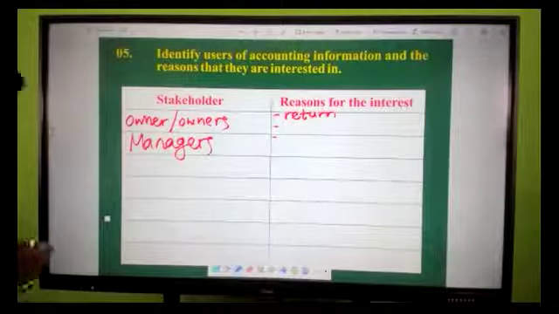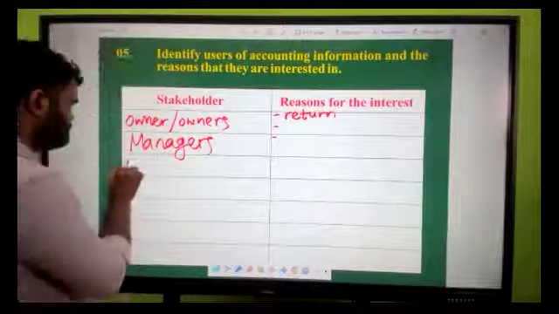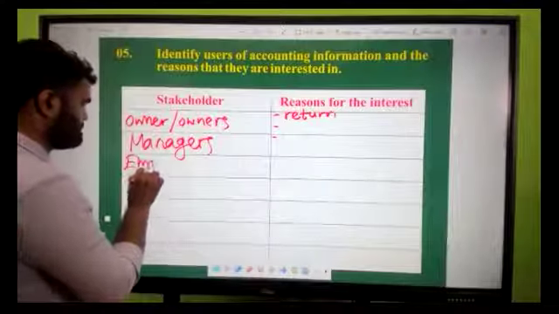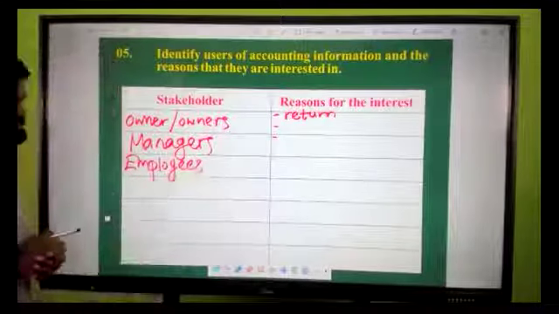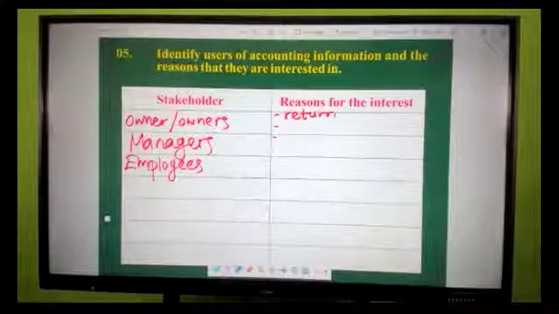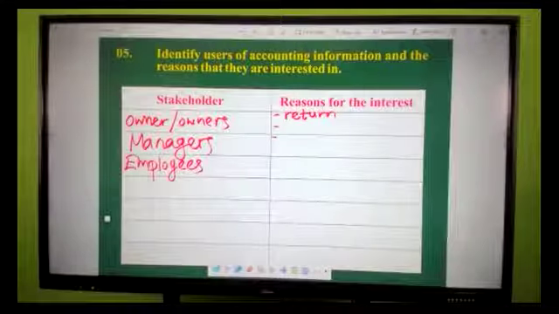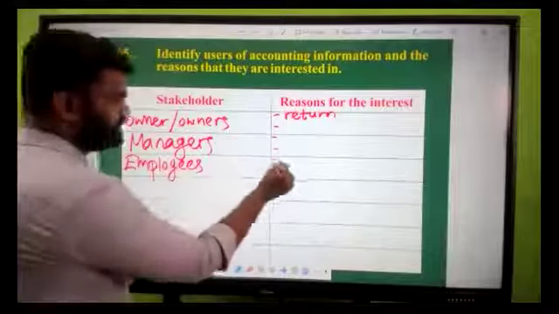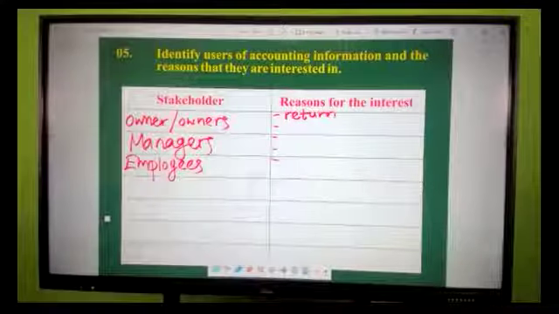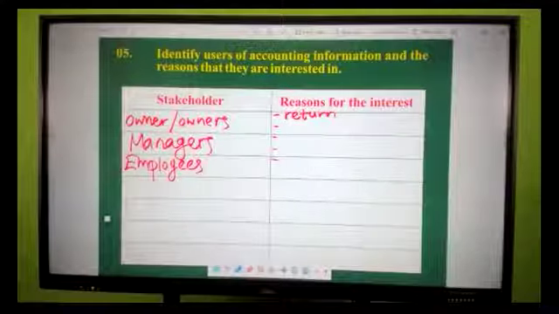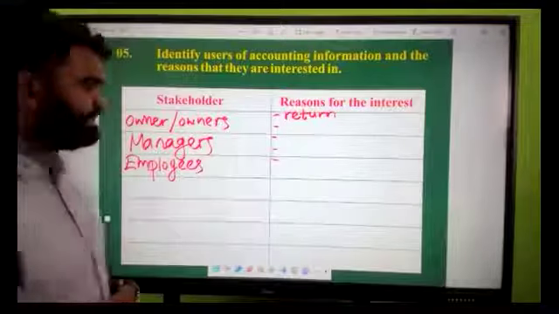Right. Number 3, employees. Now we'll see why they are interested in business information. Number 1, to know whether the job is secure.